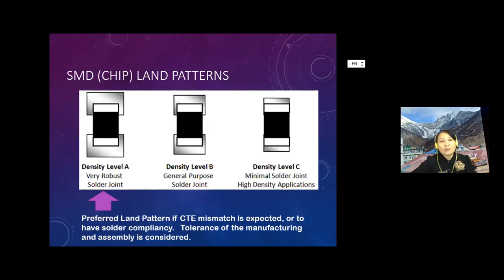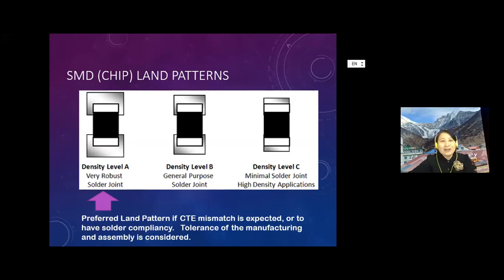Right, so why do we choose density level A? Let's say you're doing a class 3 design. Class 3 design tends to be high reliability. A lot of participants have a little bit of confusion: if they do class 1, they think they have to stick to 1A, and if they do class 2, they stick to 2B, and if they do class 3, they have to stick to 3C, which is actually not the case.